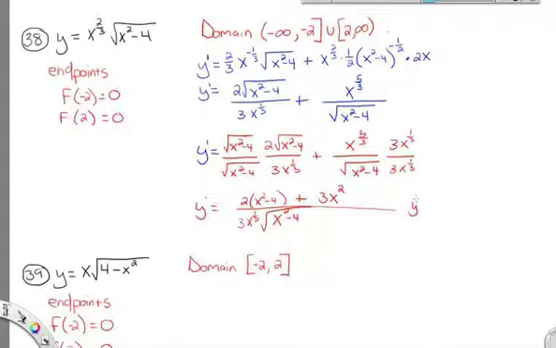So then my derivative, clean it up slightly. The bottom is still ugly, but the numerator becomes 2x squared plus 3x squared is 5x squared minus 8. Okay.